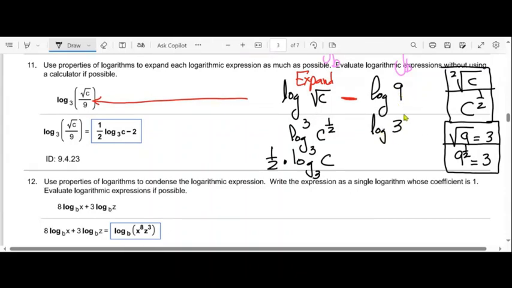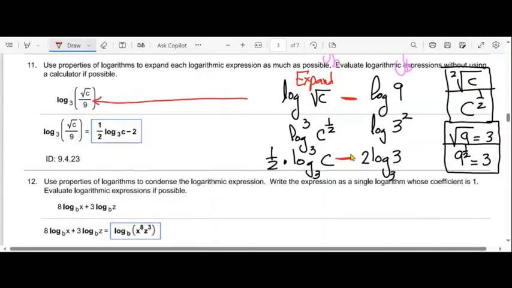What about 9? Can I make it 3 square? Yes, of course, because 3 square is 9. Right. Can I move the 2 to the front? To log 3. Can I do that or no?